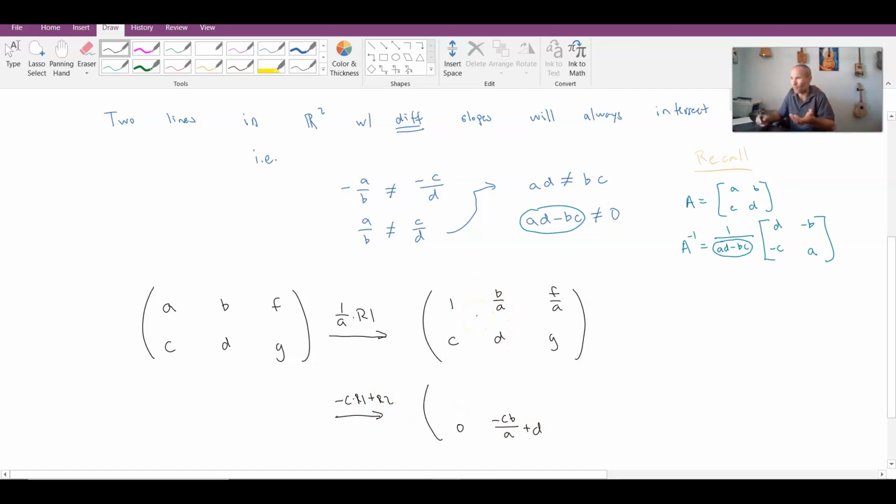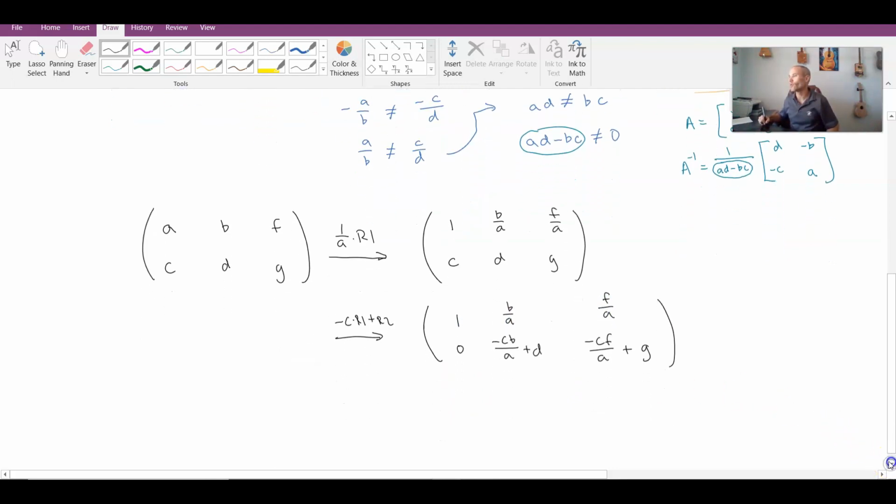I can't really do much more than that because I don't know what D is, so I can just leave it as that expression. And negative C times F over A is negative CF over A plus G. And then my first row is just 1, B over A, F over A, and we can continue going on in this fashion.